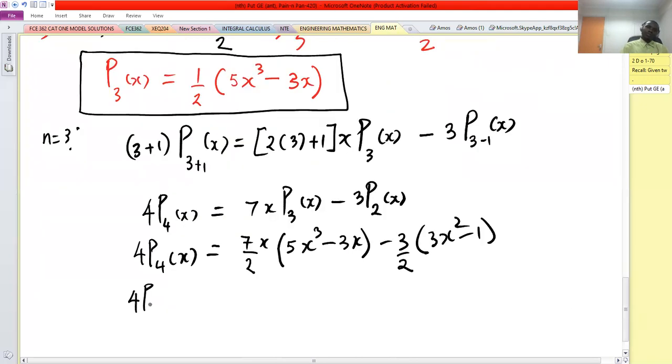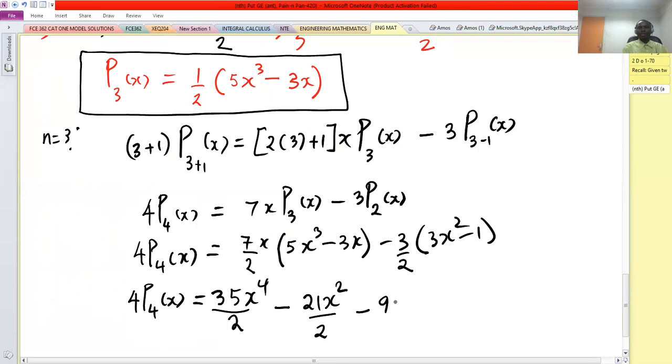So 4 P4 of x equals 35x to the power 4 over 2 minus 21x squared over 2, minus 9x squared over 2 plus 3 over 2.